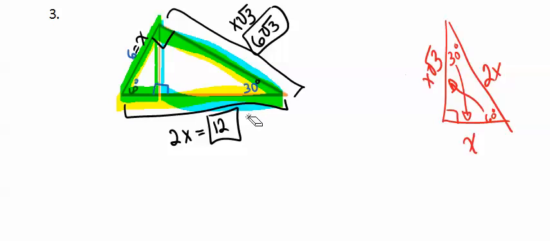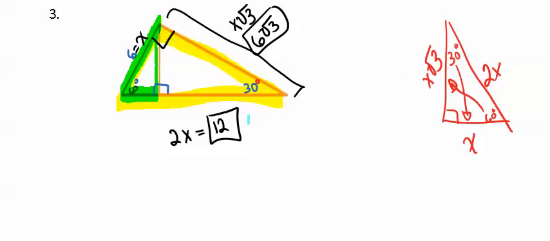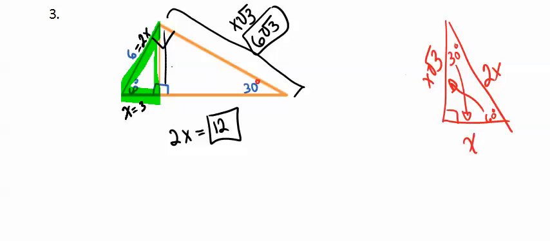So looking at the green triangle now, 6 is no longer x. 6 now is 2x, meaning that x would be 3. And this length right here is x square root of 3, which would be 3 square root of 3. So this length in here is 3.